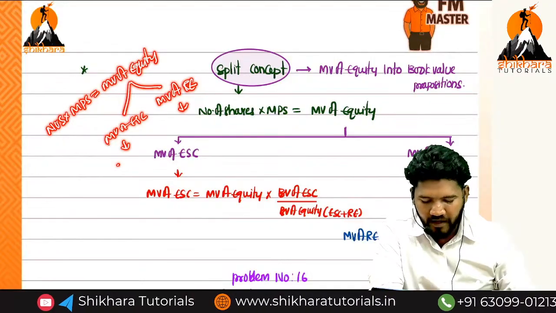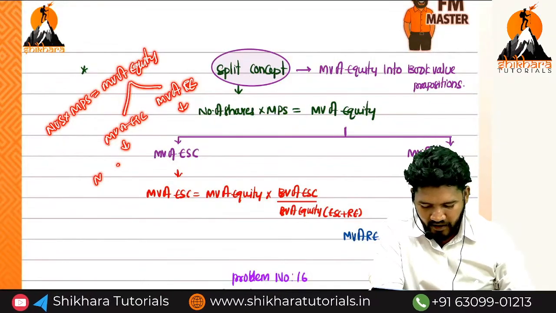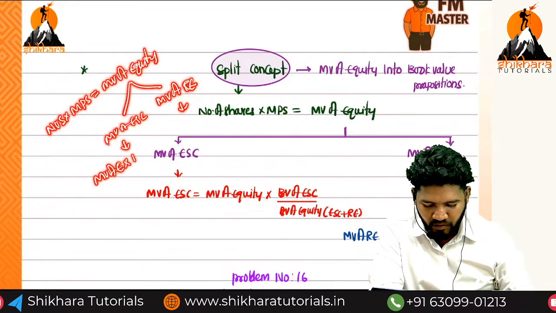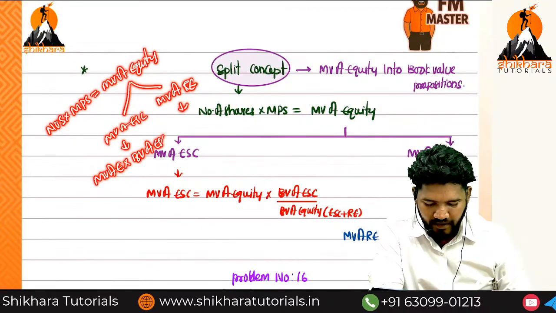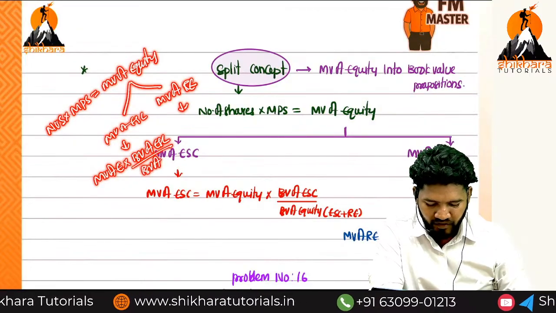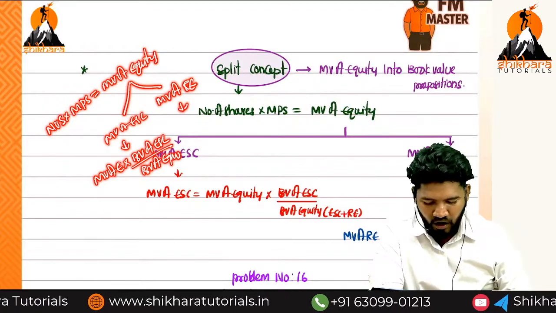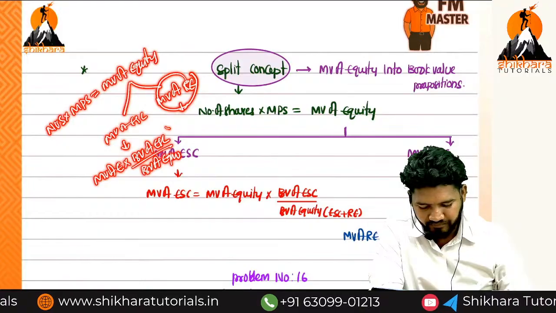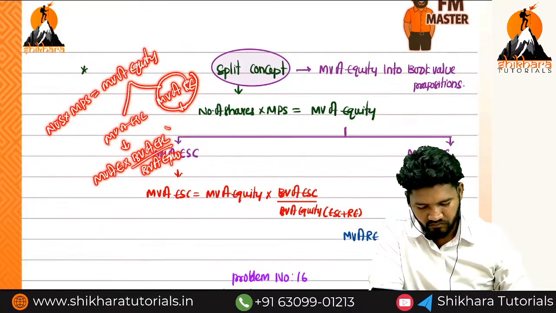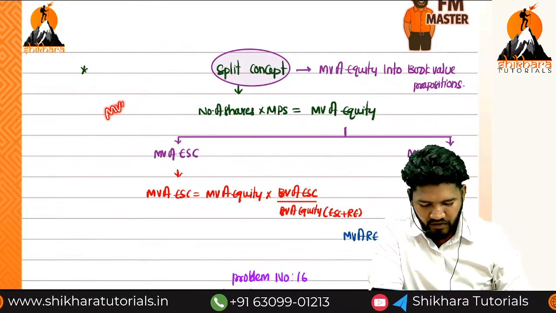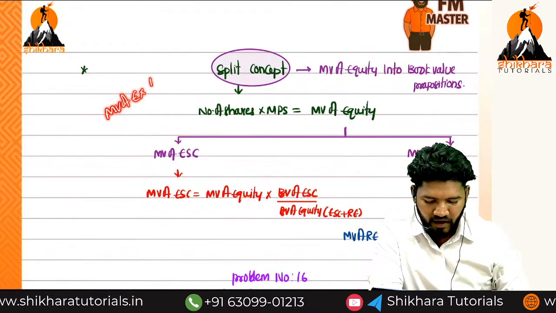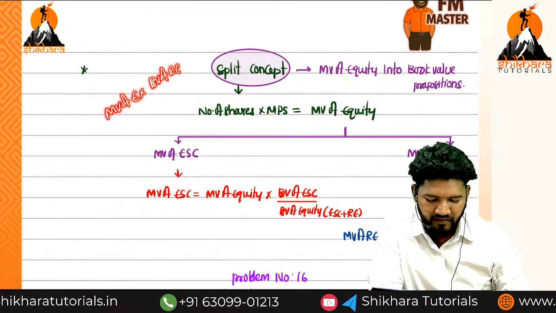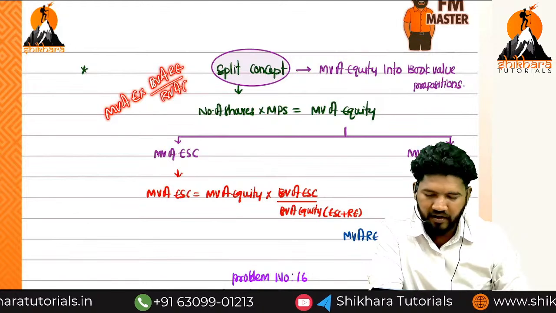Now how do I get the market value of equity share capital? Market value of equity into book value of equity share capital divided by book value of equity. How do we get retained earnings? Same, market value of equity into book value of retained earnings divided by book value of equity.